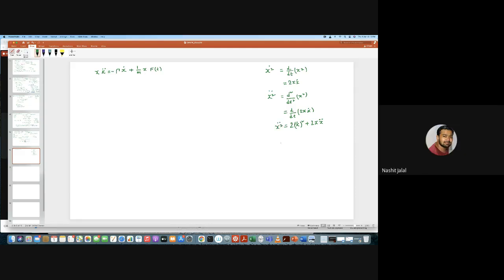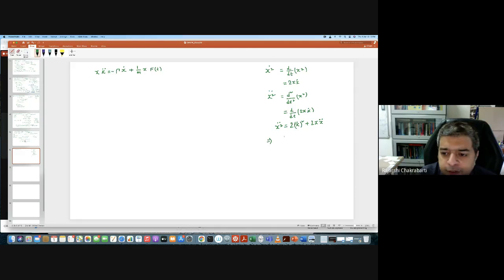Yes, sir. So this also tells you that if I write this x x double dot, you can see why I'm doing this. This has to be half of (x square double dot minus x dot square).